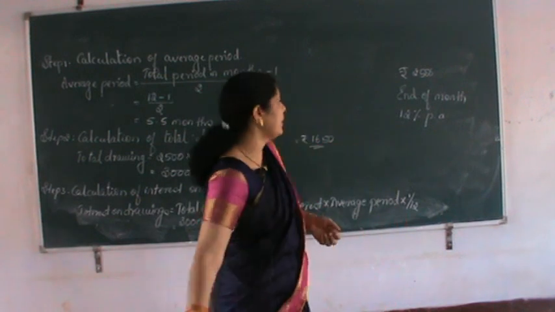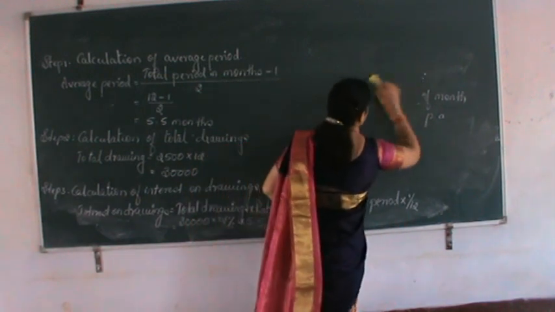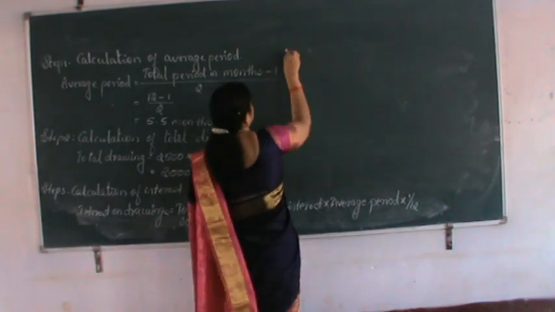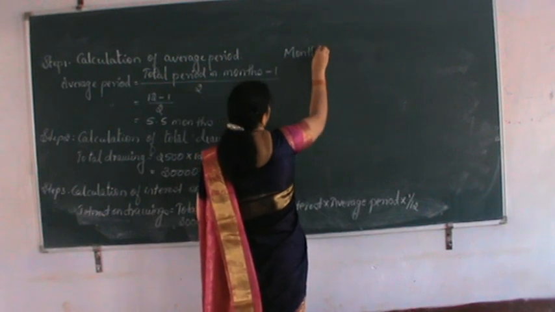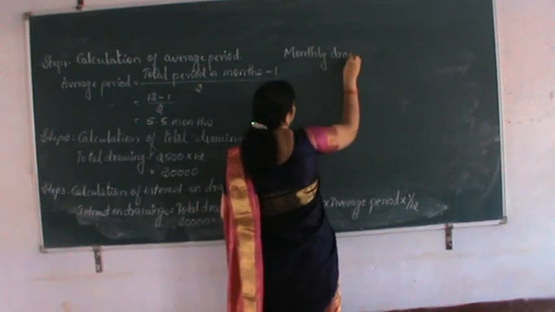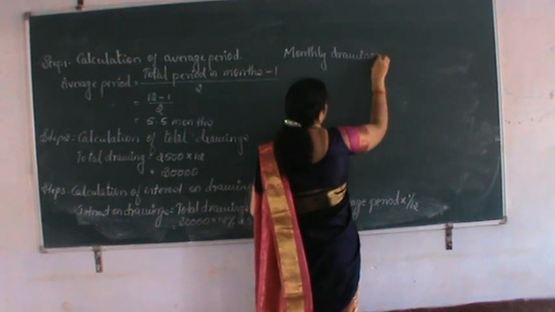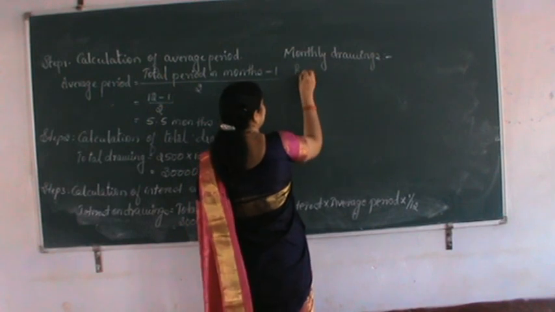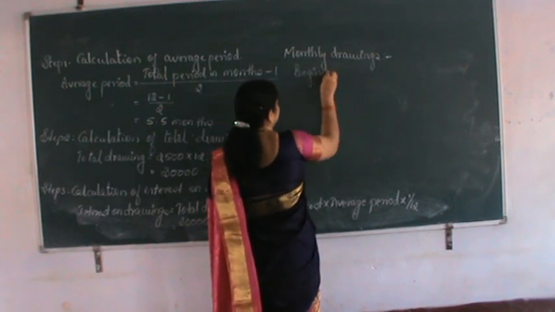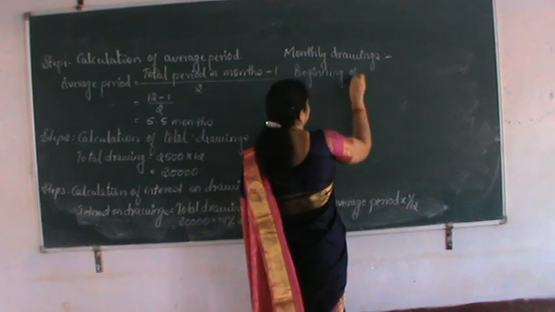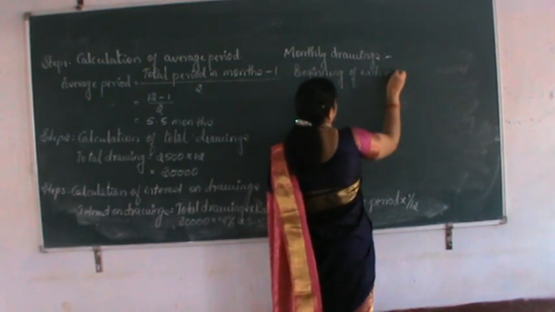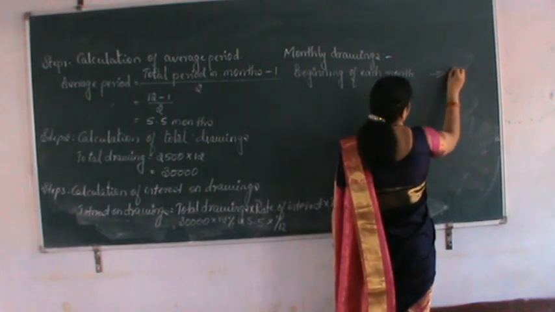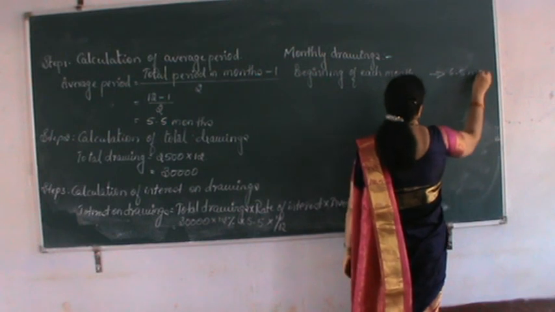So let us tabulate here so that we can remember. In case of monthly drawings, if the drawings are taken in the beginning of every month, beginning of each month, average period will be 6.5 months.